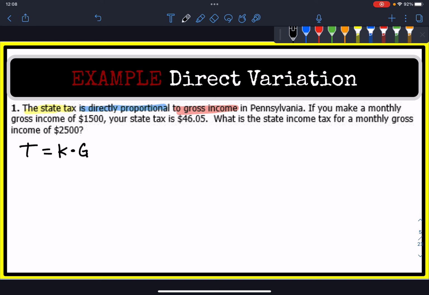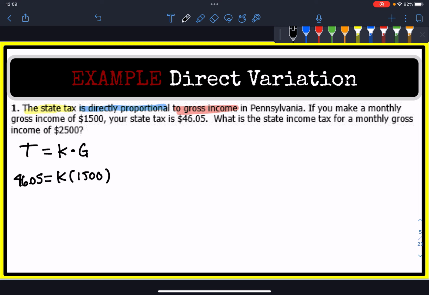Now, using that relationship, if you make a monthly gross income of $1,500, so G is $1,500, then your tax T will be $46.05. The first thing that we need to do in these types of models, in these direct variations and also inverse variations, is to first figure out the constant.